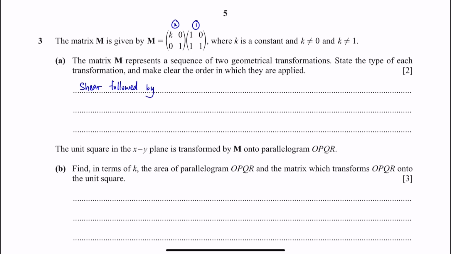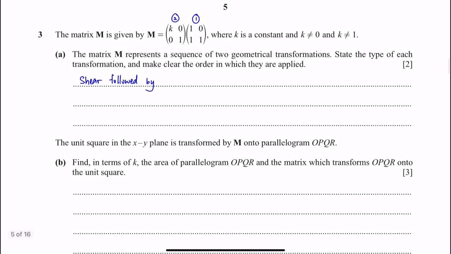So we can write shear followed by, so the second one, we can see that the scale factor is at the top left corner. So if it's in the top left corner, it's a stretch parallel to the x-axis. If this is 1 and this is k instead, then it will be parallel to the y-axis.